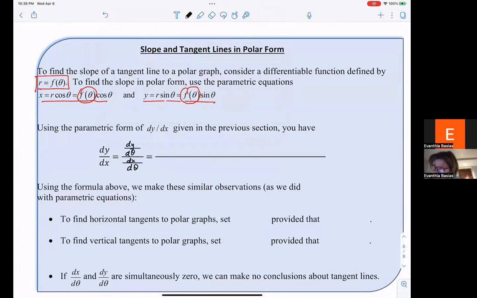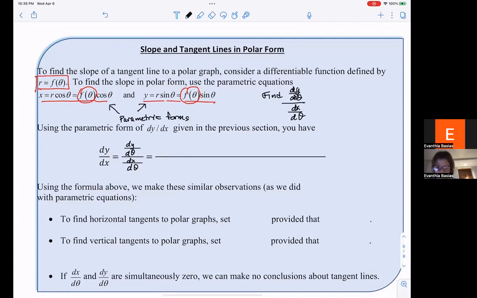And to get these, we need the product rule because f of theta is a function of theta times cosine theta and f of theta times sine theta. So very quickly, I'm going to write this out for you with the product rule. So these are the parametric forms. Find dy d theta, dx d theta, and divide.